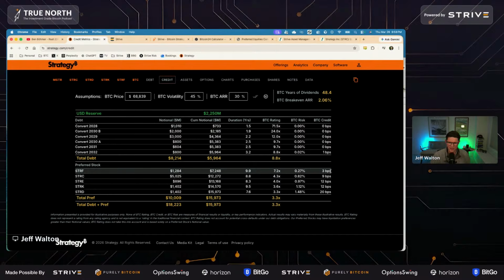Now, one thing that's been fascinating is watching people try to digest and think about STRC relative to SATA, and trying to digest the comparison between the two. There hasn't been a great way to do that yet, but I wanted to take the SATA instrument and put it next to the STRC instrument and take this framework from Strategy's website, so we can start to think about a mathematical framework of the comparison between the two instruments.